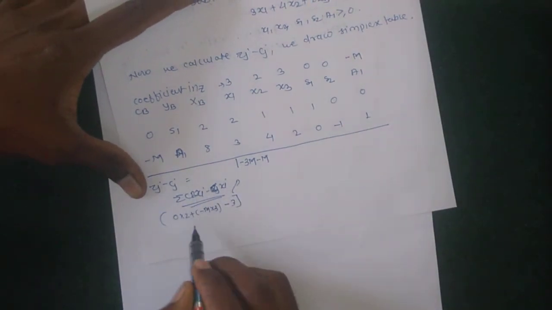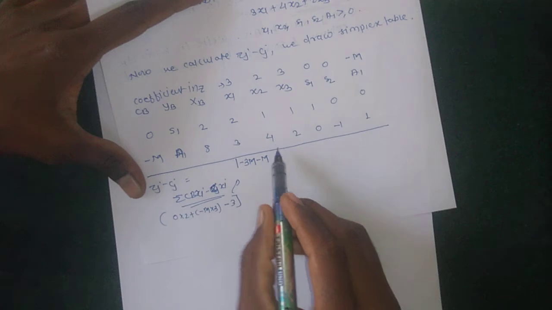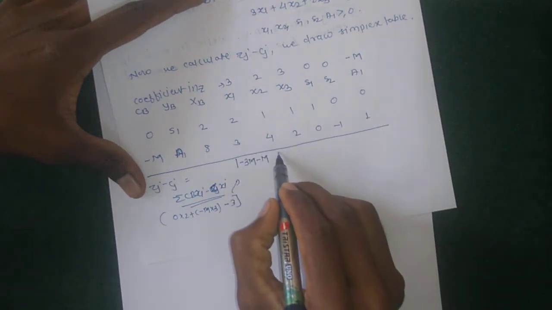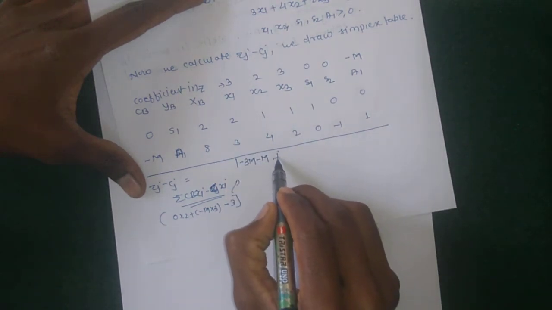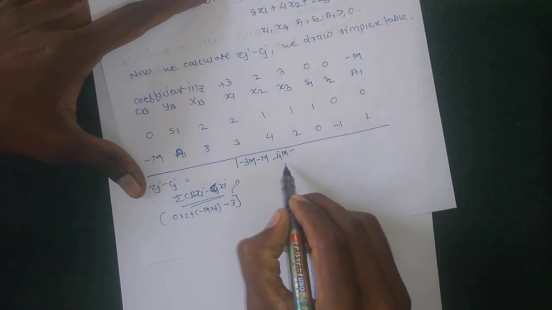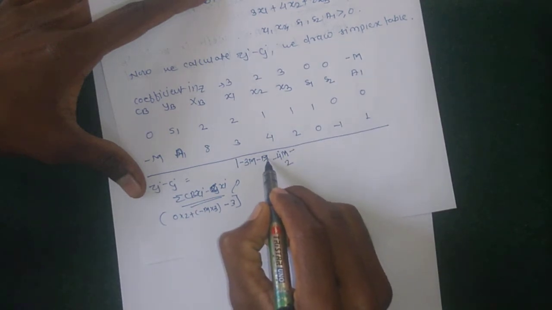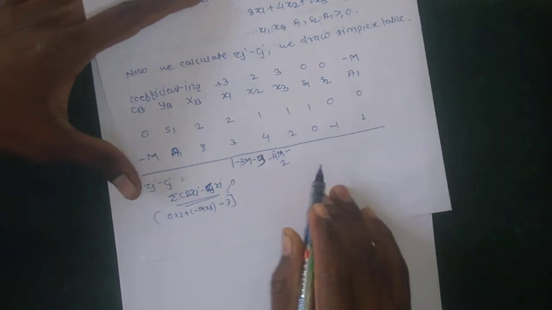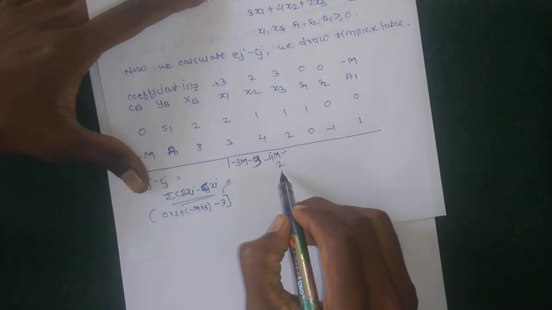Similarly for x2: minus 4M minus 2. For x1 it is minus 3M minus 3. The second value is minus 4M minus 2.